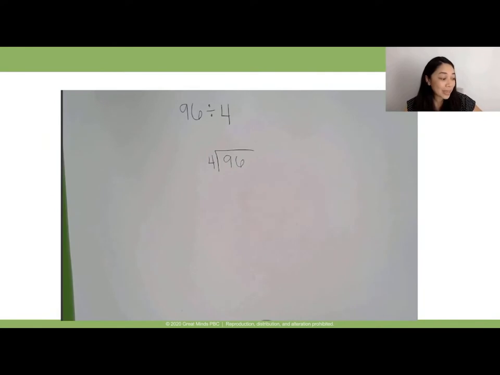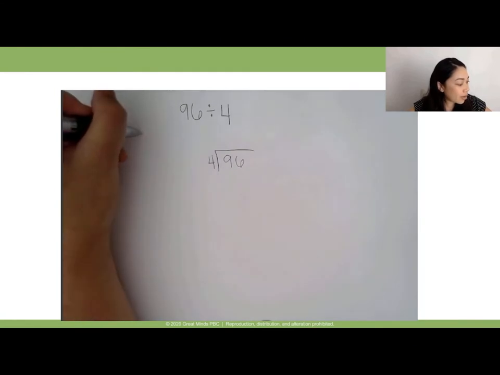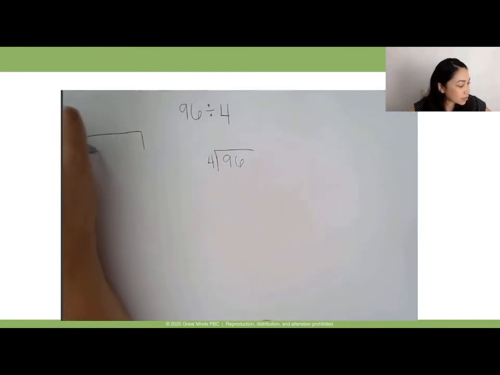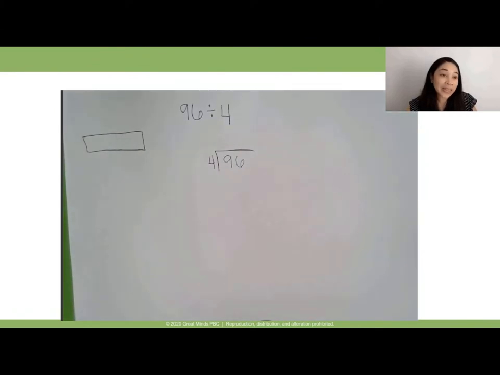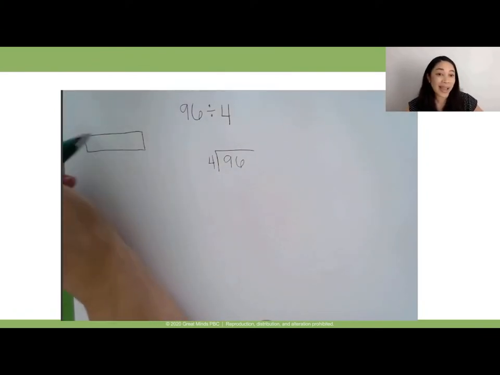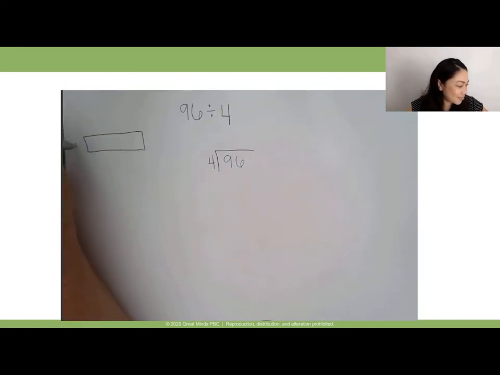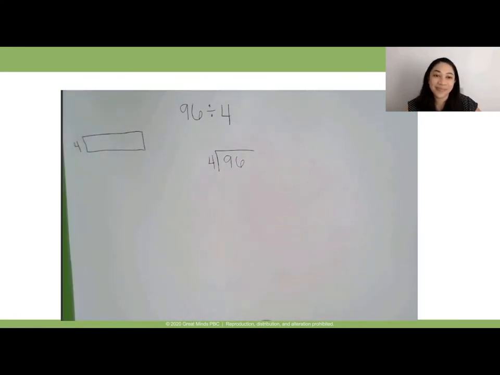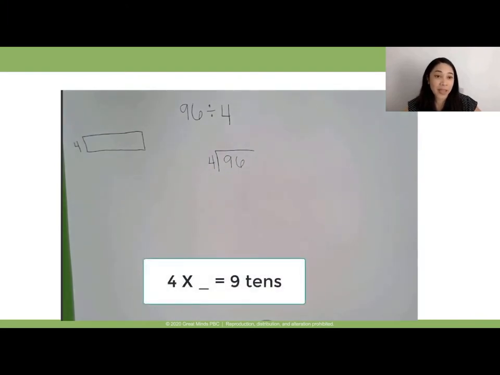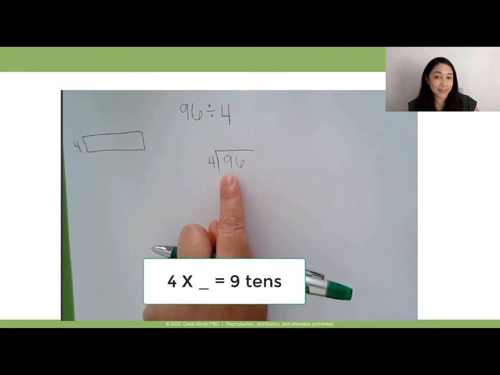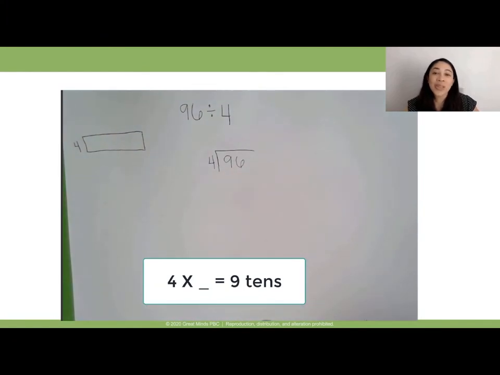The expression 96 divided by 4 can describe a rectangle with an area of 96 square units. We're trying to find out the length of this unknown side. What is the known side width? 4. 4 times how many tens gets us as close as possible to an area of 9 tens? 2 tens.